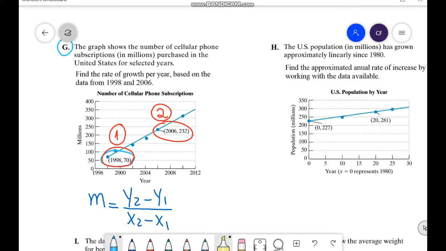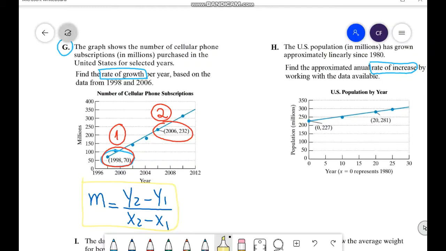Because here we are trying to find the rate of growth, or rate of increase, or rate of change. Everything is actually another name for slope. So it's another way of naming this formula.